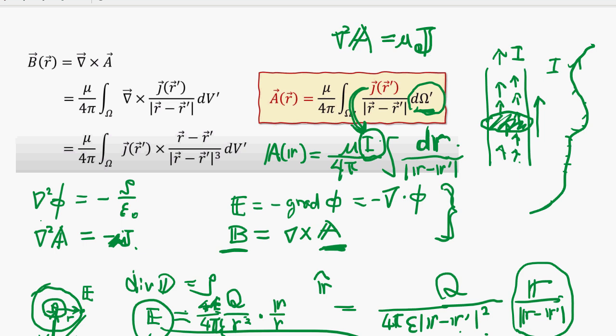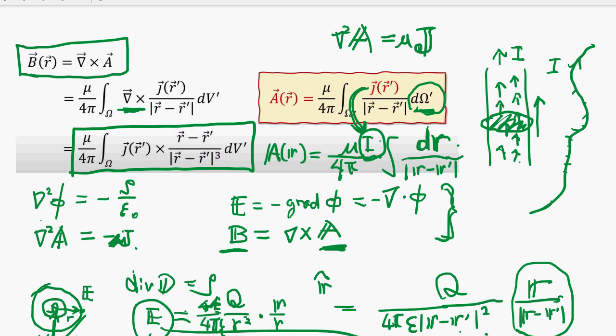Okay, now since B is the curl of A, or rotation of A, and since we know A, the vector potential, you take the curl on this. So what happens is you get this one.